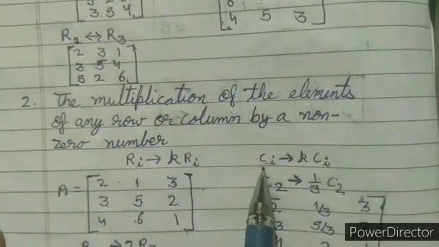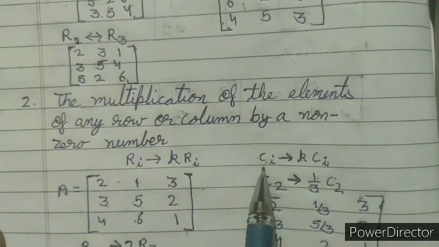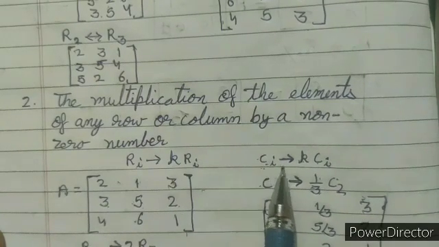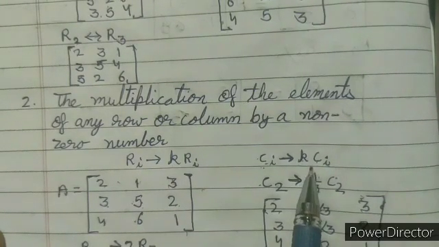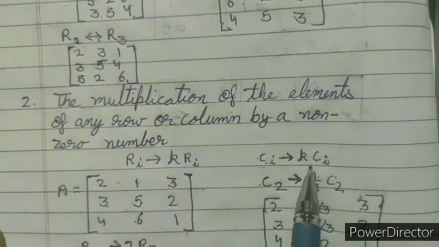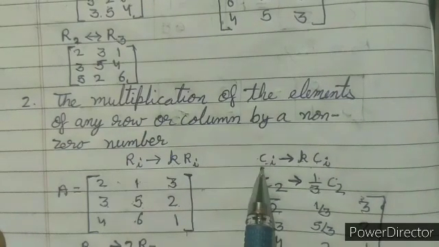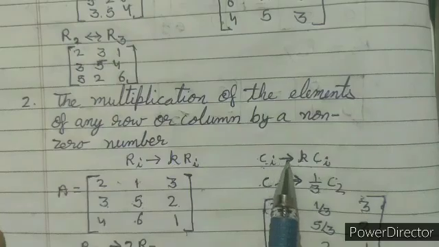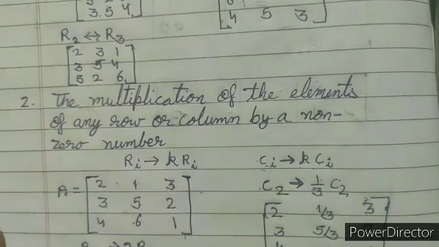Or if we want to change the ith column by k into Ci, then it will be represented by Ci changed to k into Ci.